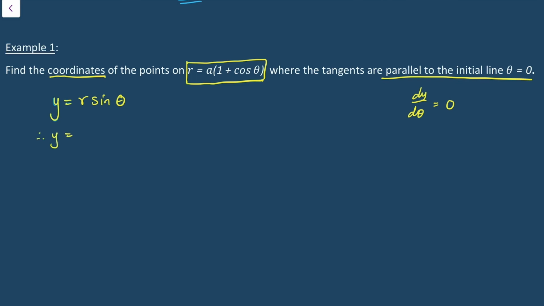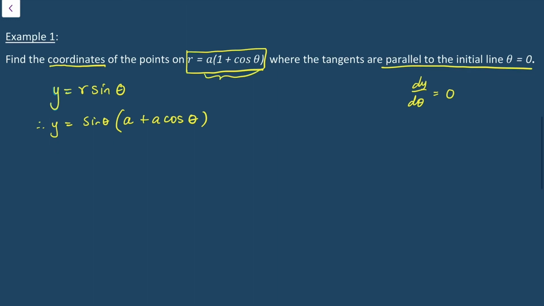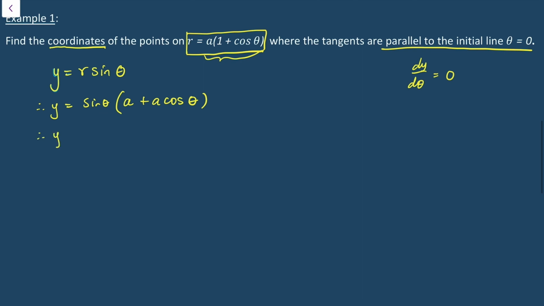So therefore, I get sin theta multiplied by a plus a cos theta. If I expand these brackets, this ends up being a sin theta plus a sin theta cos theta. And now I'm ready to find dy/d theta.